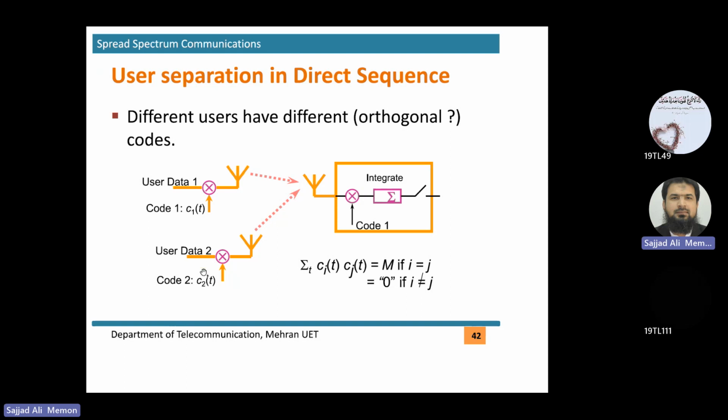But the data that was multiplied with C2(t), when multiplied with C1(t), will still remain a spread spectrum or wideband signal. So we can use a filter here and separate the narrowband signal, which is basically the information from user one.